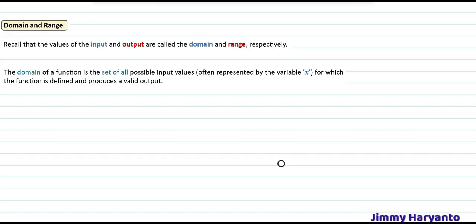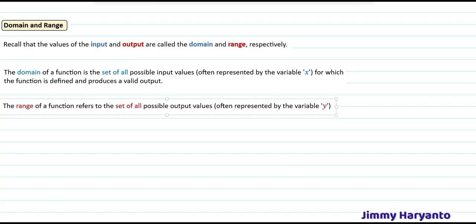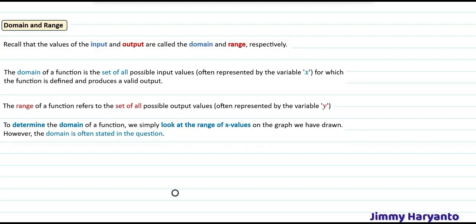That means the domain is the values of x. And then the range of a function refers to the set of all possible output values, often represented by the variable y. So the range is the possible values of y. To determine the domain of a function, we simply look at the range of the x values on the graph we have drawn.